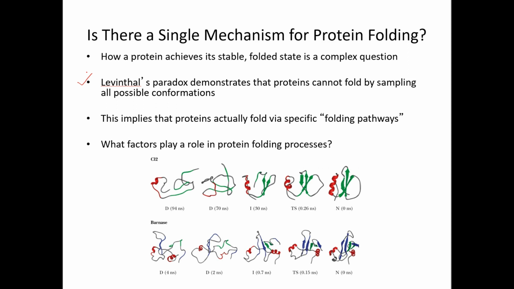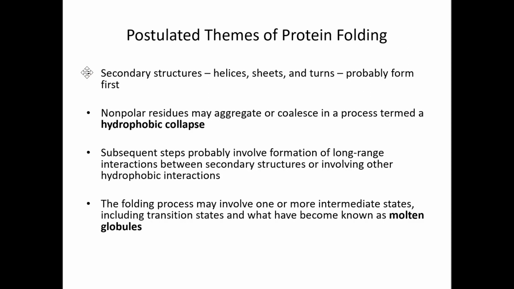Now, what this means is that there has to be some kind of specific folding pathway or order of events which makes the folding of complex proteins more efficient in terms of speed and in terms of specificity, getting the right outcome. So, what are some of the factors that come into play here? The most commonly held hypothesis at this point is that there's an order of events to protein folding, which includes firstly forming secondary structures.